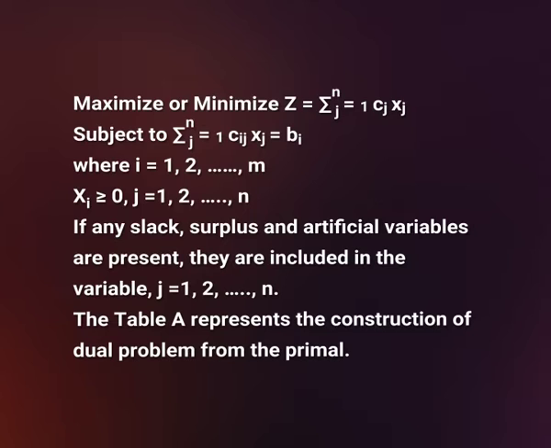If any slack, surplus and artificial variables are present, they are included in the variable xj, where j is equal to 1, 2 and so on till n. Table A represents the construction of the dual problem from the primal.